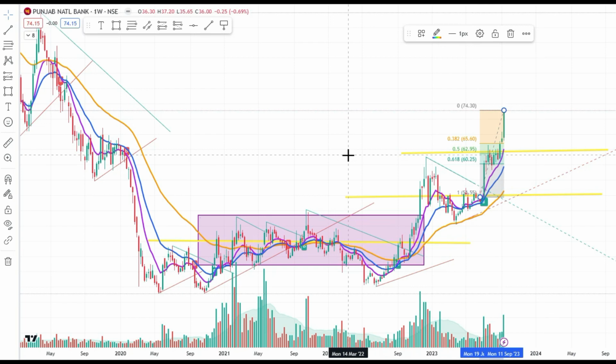And why are they important? Because people who actually have bought it here, they sell it here and it pulls back. And if there is further selling, so if it is not holding up any of these lines, which means somebody is dumping the stock, especially if the volume during the fall is very high.